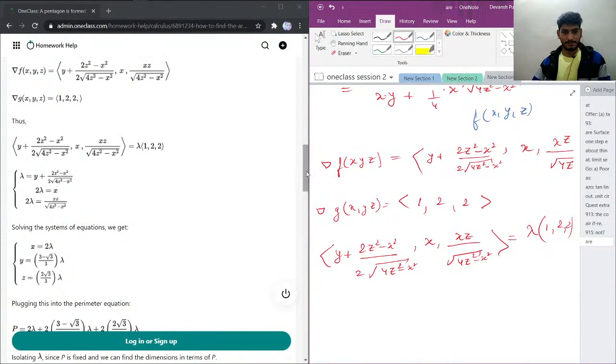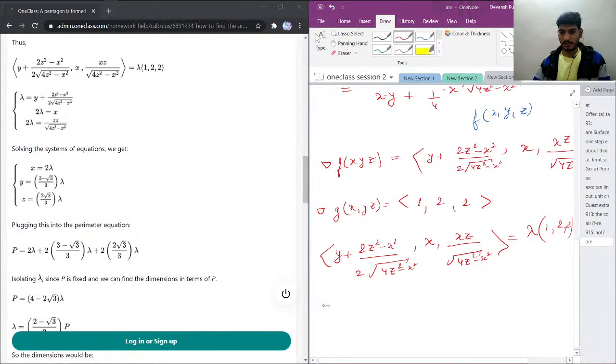Now in this case we'll just distribute these terms. So first term will be equal to first term of this, second term will be second term of this, third term will be third term of this.